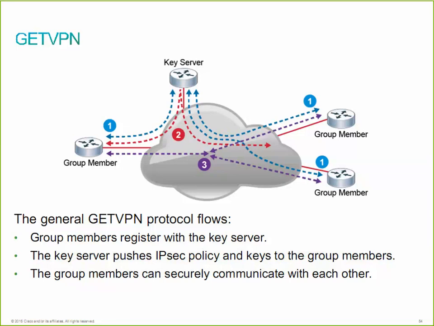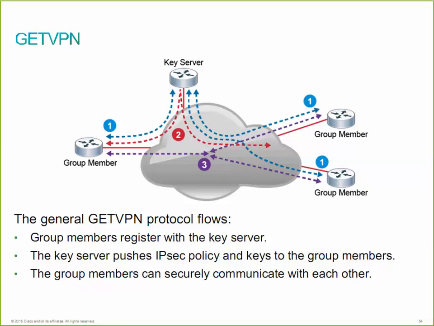There are several moving parts, and we'll talk about each of these moving parts, and I'll talk about the technology. But there are group controllers, or what we call key servers, and then we have group members. Those are really the two major components of the GETVPN architecture.